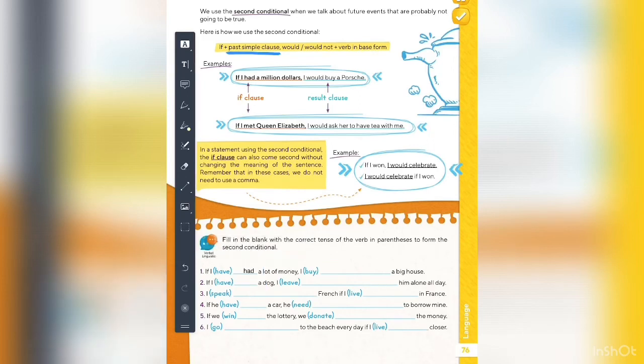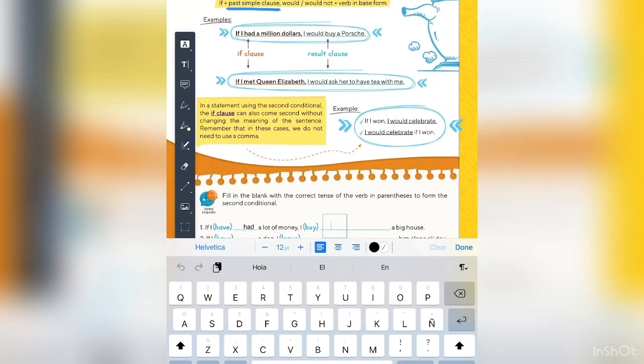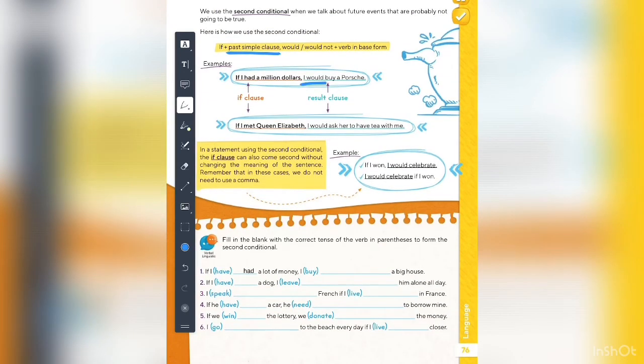A lot of money, always, you see, would. See right there? Would, or would not. You can choose would, affirmation, or would not, negative. Okay, let's go back to our blank space.